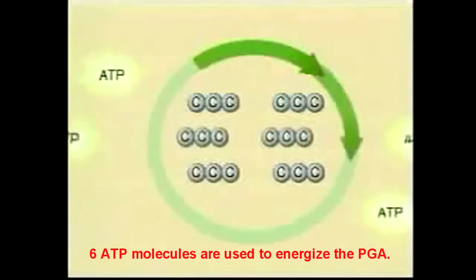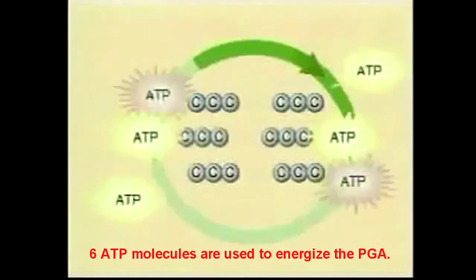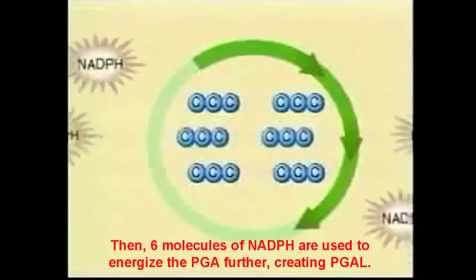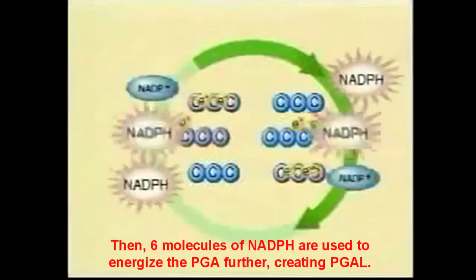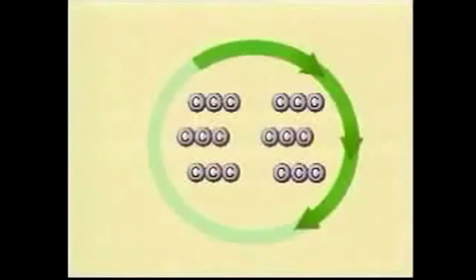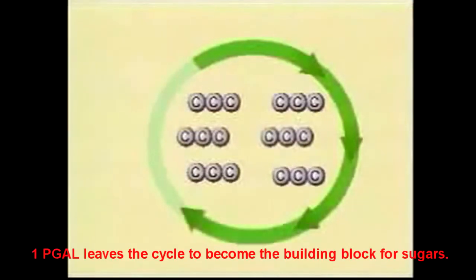Six molecules of ATP are sent to energize each PGA. Then, 6 NADPH are sent to energize the PGA further, making PGAL. One PGAL leaves the cycle to become the building block for sugars.